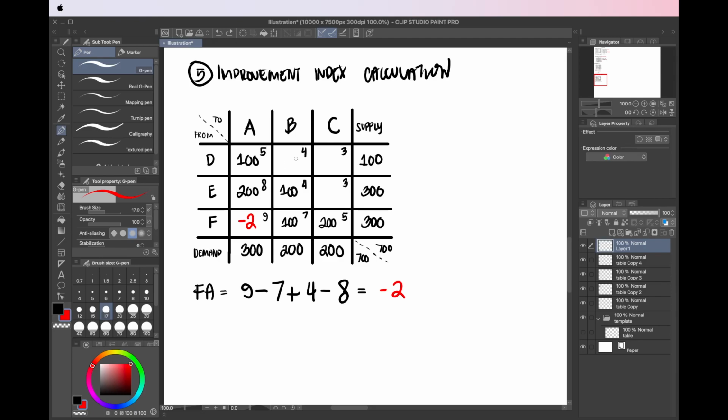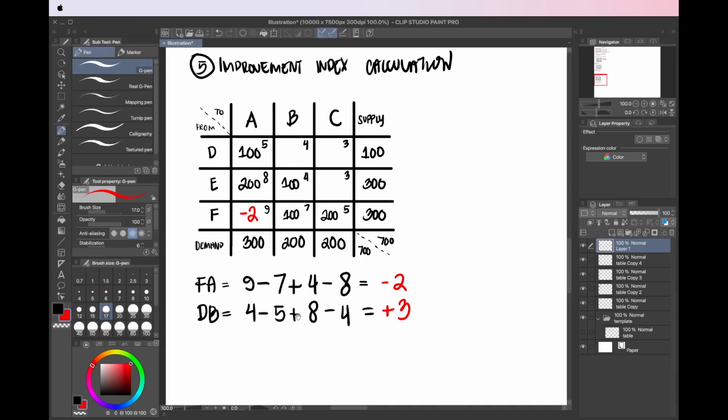So anyways, for dB, that would be 4, right? The improvement index, 4 minus 5 plus 8 minus 4, that would amount to positive 3. So let's put that there, positive 3.